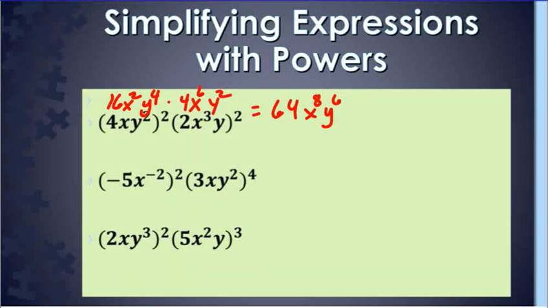Next one, negative 5 squared is 25. X to the negative 2nd is x to the negative 4th. So we need to put that on the bottom to make it positive, so x to the 4th. This is multiplied by 3 to the 4th power, which is 81. X to the 4th, y squared, or y to the 8th. You're right there, and this is all over 1.